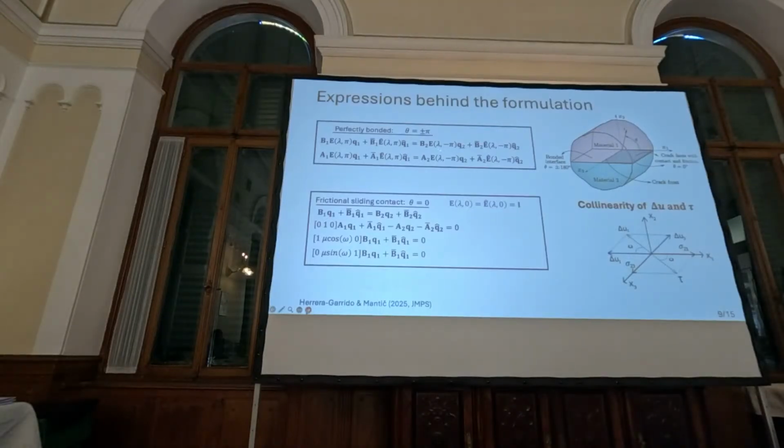And this is for the perfectly bonded part, and for the frictional sliding part, we have these conditions. The expression for this diagonal matrix for these particular angles is very simple. Here is an example. In this case it is just the identity matrix. This is the reason we selected this position of the interface crack.